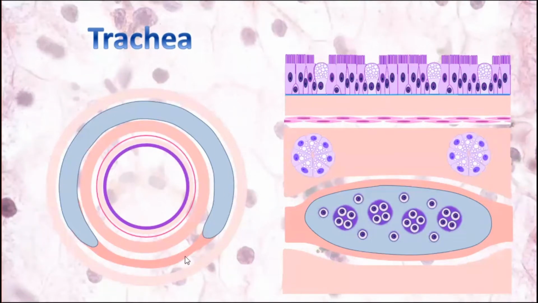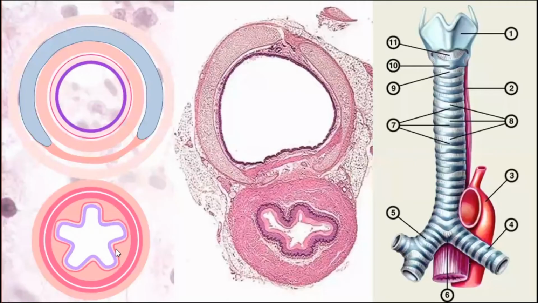So what is the reason for this? Let's look at the anatomical localization of the trachea. The trachea is located in front of the esophagus, and on a transverse section we can see the lumen of the trachea and the esophagus.